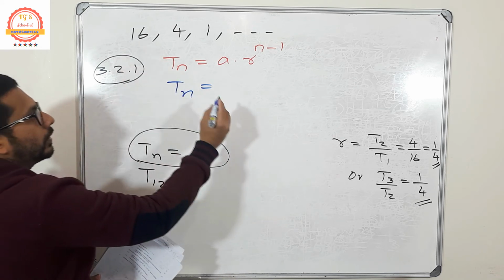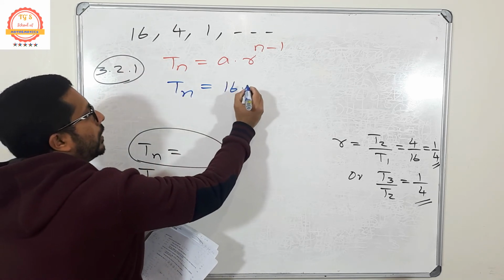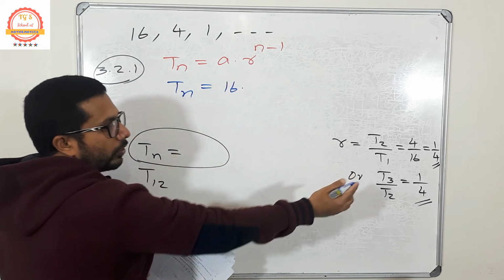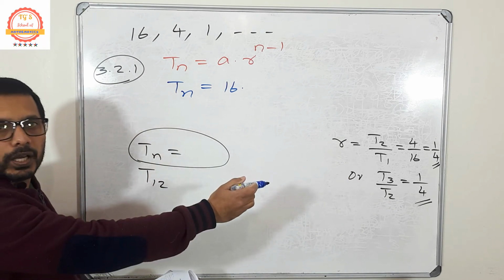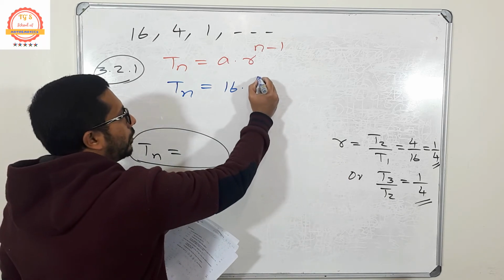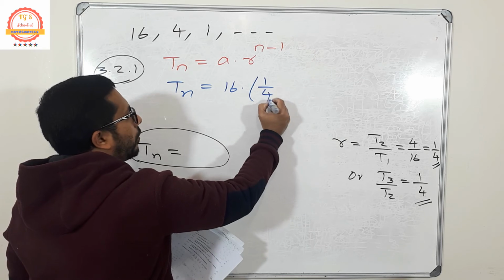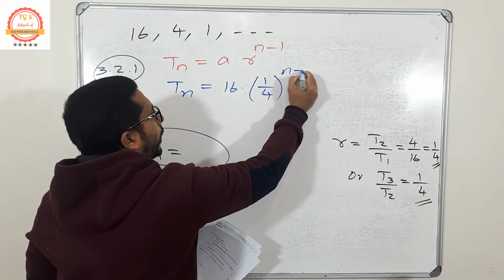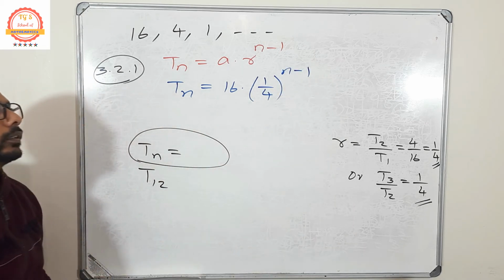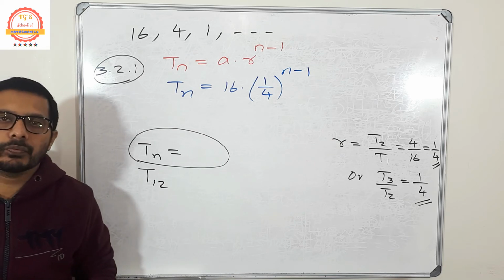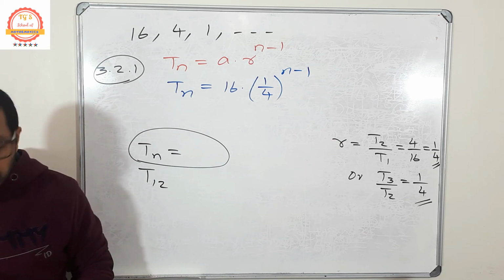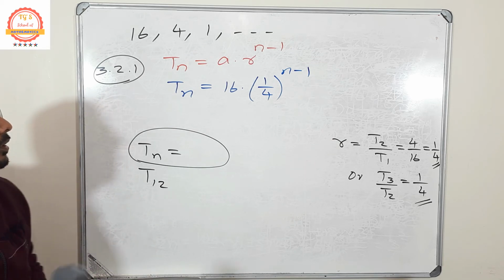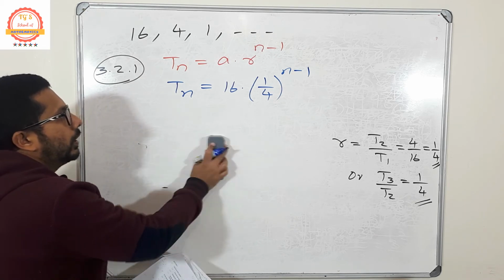What is the first term here? It is 16 into R. We already found the value of R, that is 1 over 4. So it is 1 over 4 raised to n minus 1.